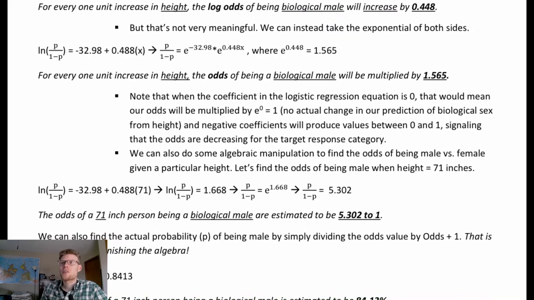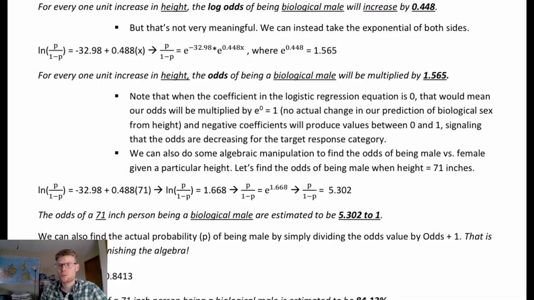Okay, so let's go ahead and use an actual example where we have an actual value to plug in so we can see how this works and make an interpretation. Let's say we had somebody who's 71 inches tall. We probably know up front that their likelihood of being biologically male is higher than biologically female.